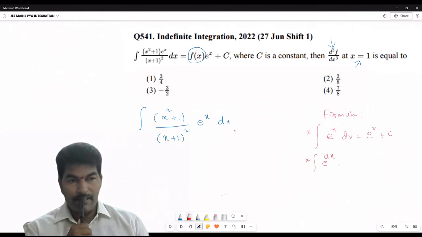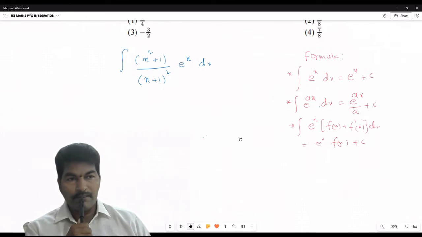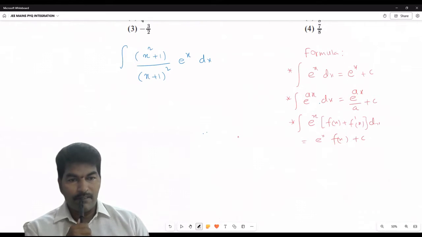Integral of e power ax dx is equal to e power ax by a plus c. And also, in most cases, the integral of e power x of (f of x plus f dash x) dx is equal to e power x into f of x plus c. These are the general formulas you can see with a combination of e power x.